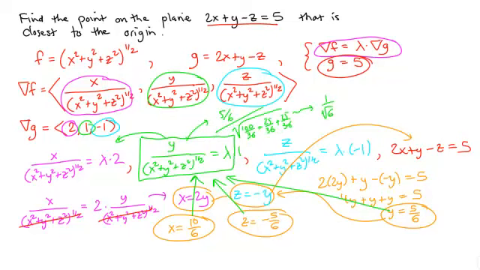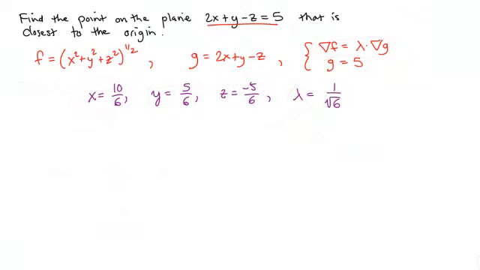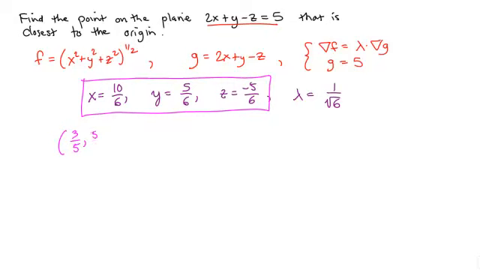So we found that there's one and only one solution to this system of equations, and that solution is x is equal to 10/6, y is equal to 5/6, z is equal to negative 5/6, and lambda is equal to 1 over root 6. And so the only point in question is this point right here. The point (10/6, 5/6, -5/6) is the only candidate.